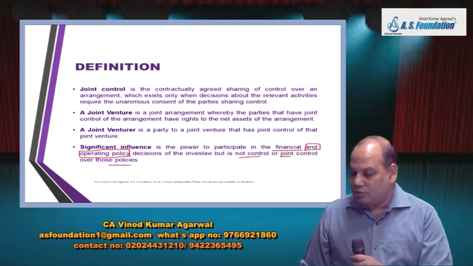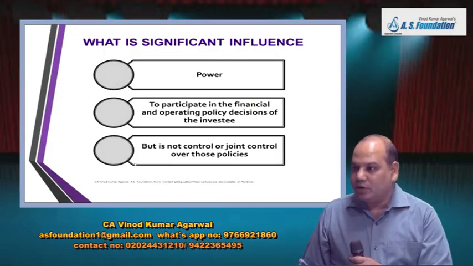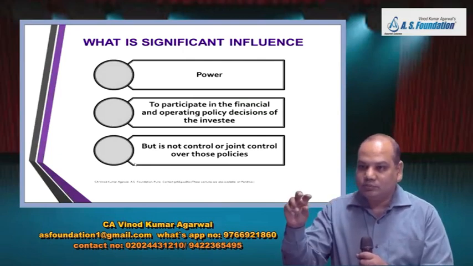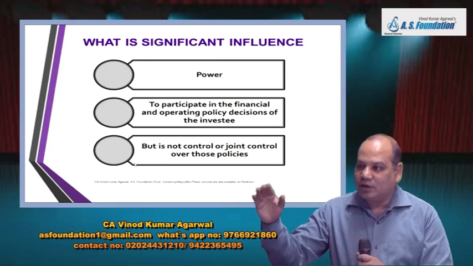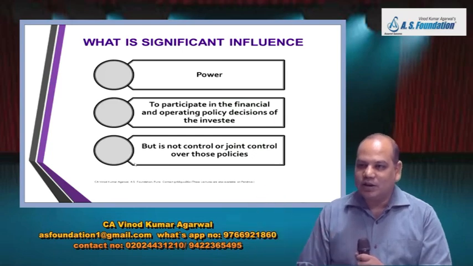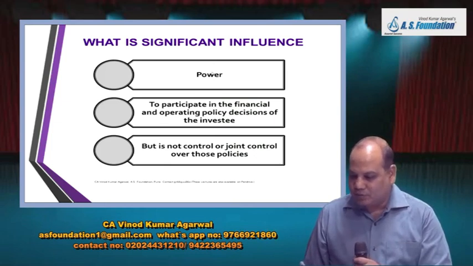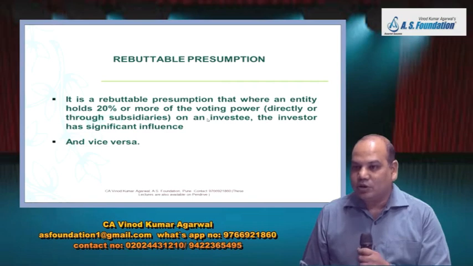If you have control, then apply IFRS 10. And if you have joint control, then apply either IFRS 11 or this standard again, but as a joint venturer. So that is the meaning of significant influence, power to participate, but not control.